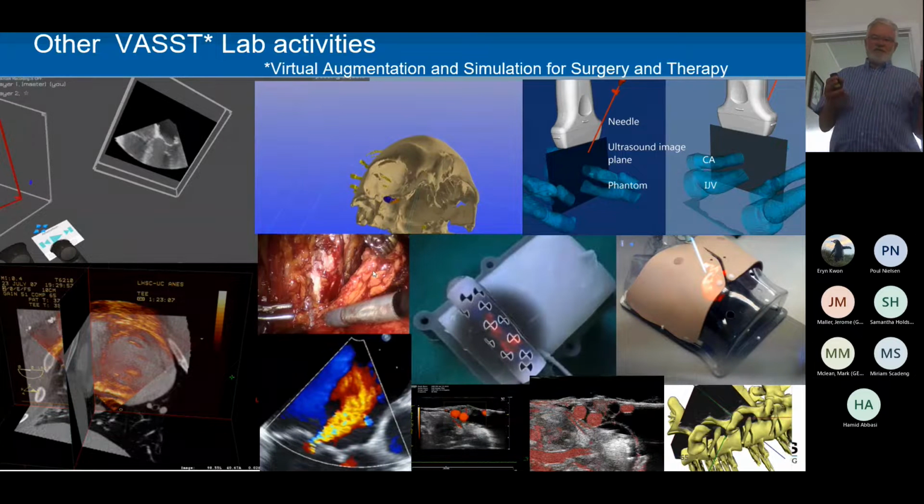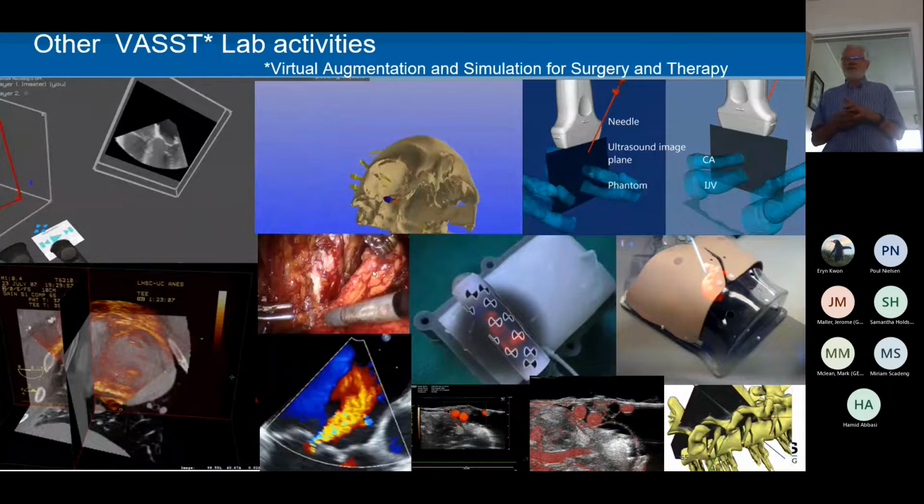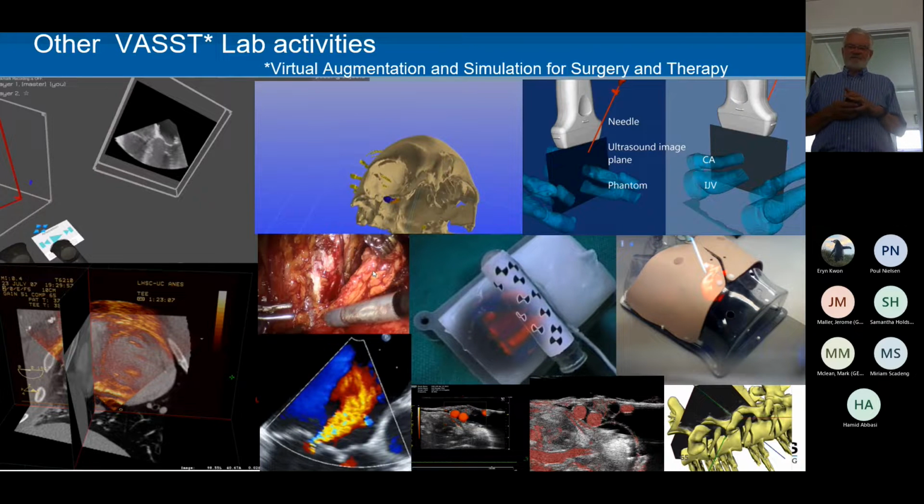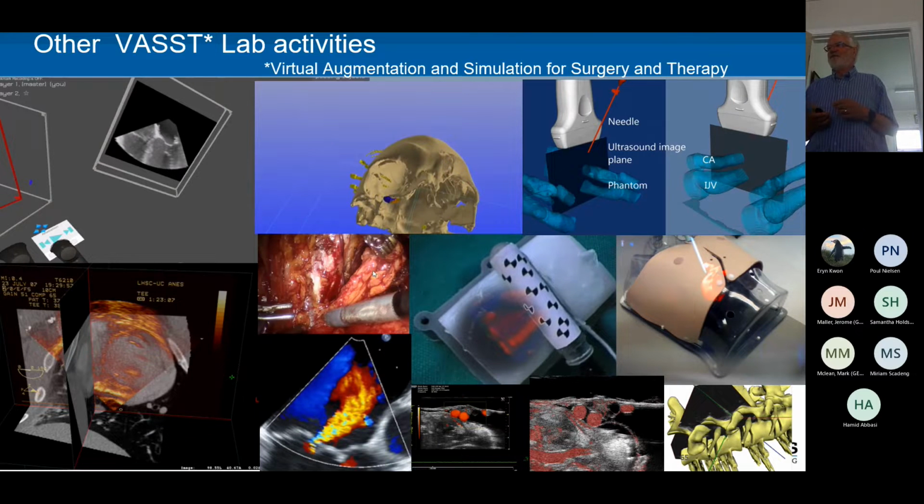So that's a bit of a whirlwind tour of what I've been up to over the past 50 years. My lab in London is called the VAST Lab, and it's been involved in many, many different image-guided interventions over the past 25 years in London. And although I'm nominally retired, I still wander into the lab to see what the students are doing.